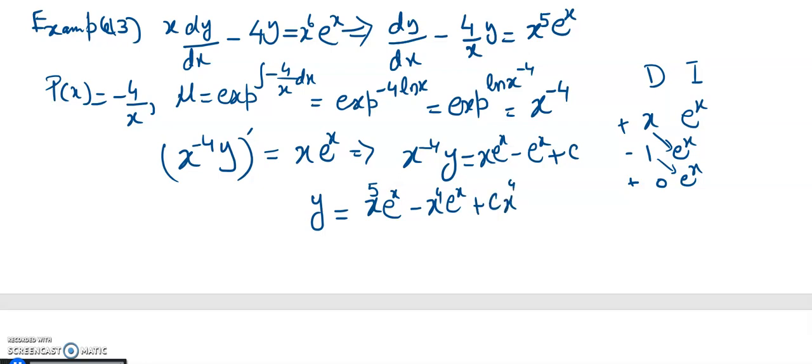So this will be the answer. This answer we obtained by multiplying both sides of this equation by x power 4. So it will be x power 5, x power 4, and then x power 4. So this is the solution.